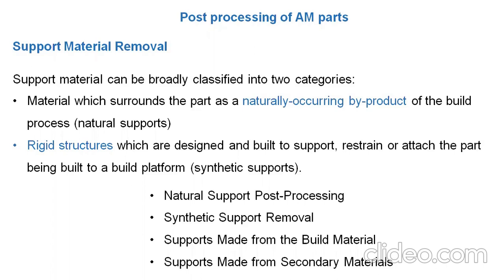It means a structure which is already manufactured, which is used as a support for manufacturing of a component with the help of the additive manufacturing process, is known as a rigid structure or synthetic support, which is used as a support in your second case. So natural support removal is the post processing to remove this support after manufacturing of your product completely by using the AM process. Then synthetic support removal and supports made from the build material.